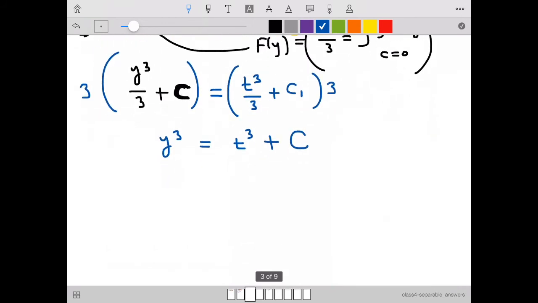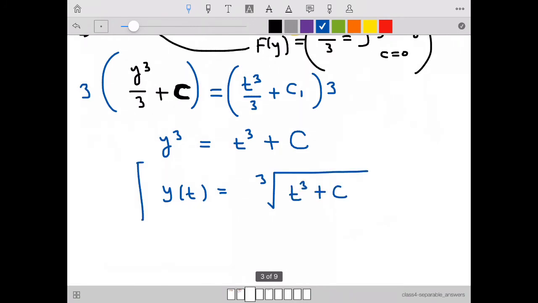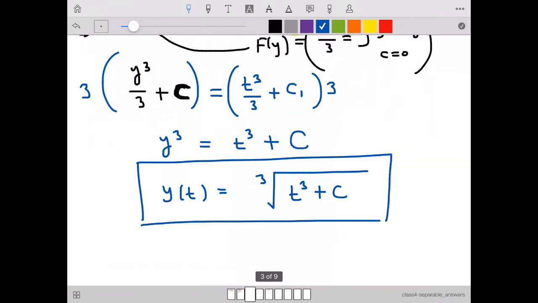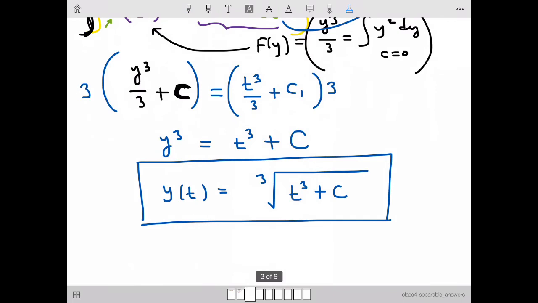Okay, and then solve for y. So y of t equals the cube root of t cubed plus c. Okay, so we solved this separable equation.